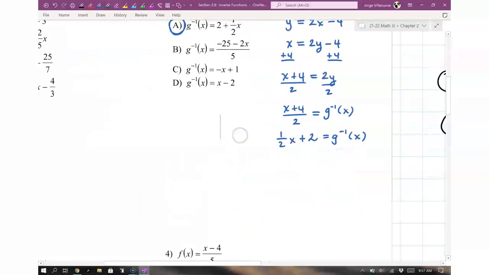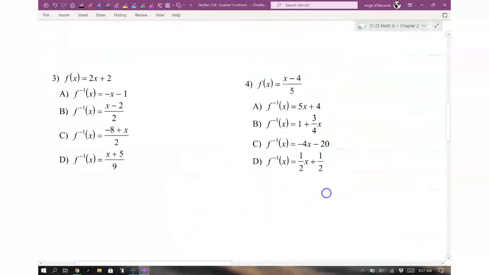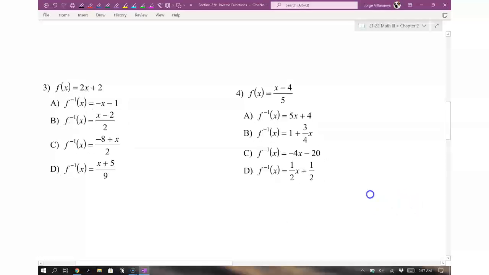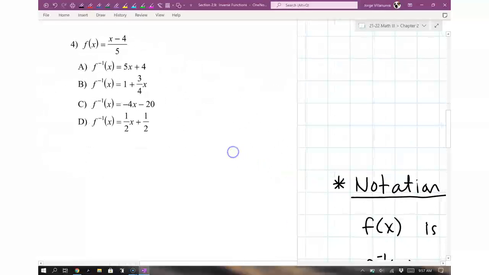Let's see. Let's do question 4, since that one has a big old fraction there. That's f of x. Let me just rewrite it. F of x is equal to x minus 4 over 5. Remember what I told you guys?